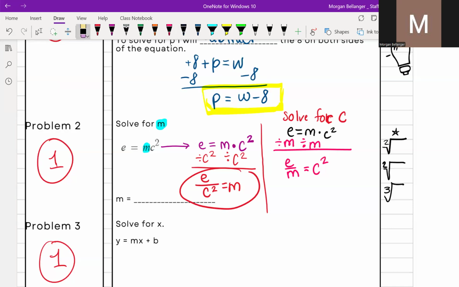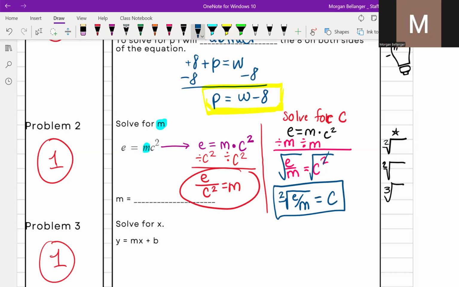But right now, this is just squared. So I'm just going to take the square root of both sides, and that will cancel out my exponent of 2. So my final answer here, I'm going to write the little 2 right here. The square root of E divided by M equals C.